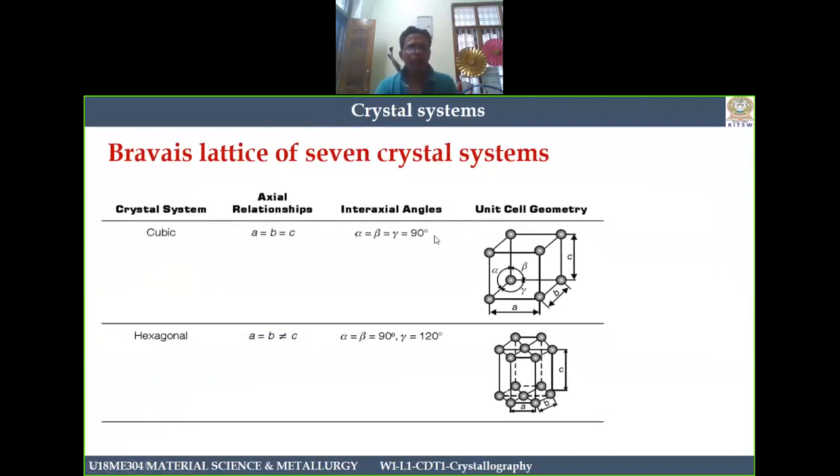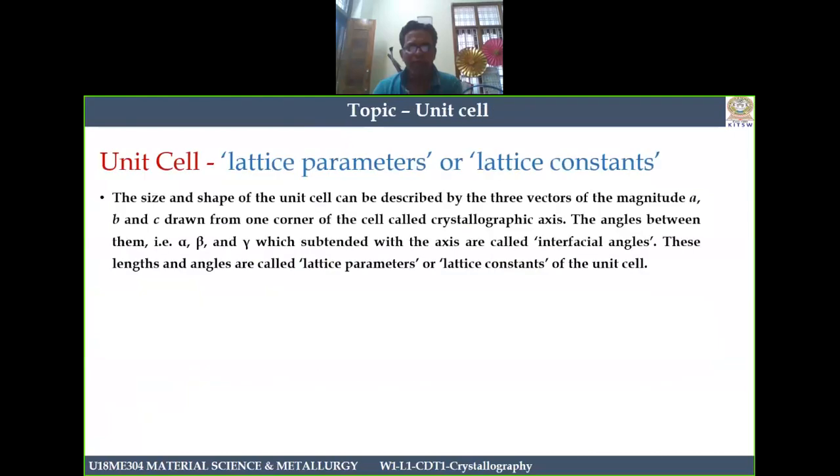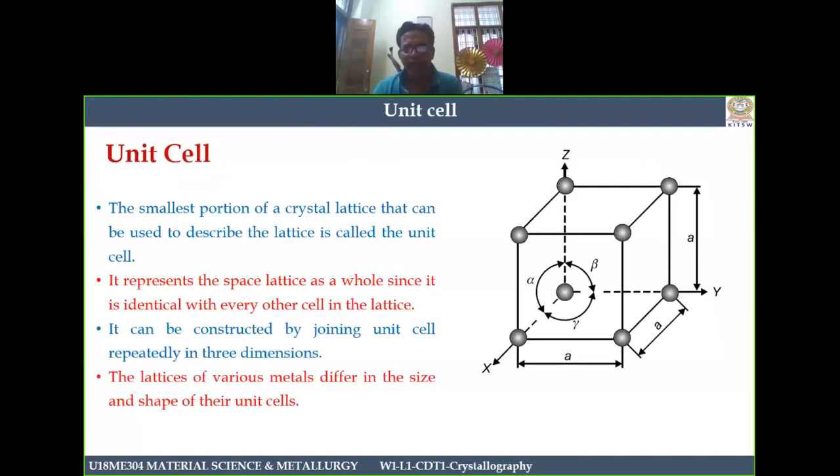Now you can see this table indicates lattice constants of each unit cell geometry. For example, here the crystal system is cubic, with axial relationship A, B, C. In the earlier case of a cubic system, I took all sides as A, but in some cases they may not be the same.